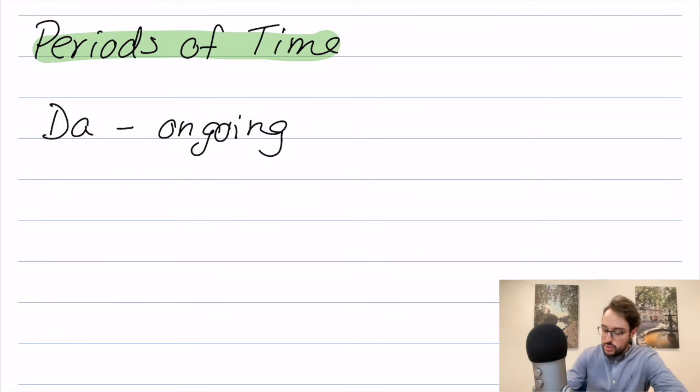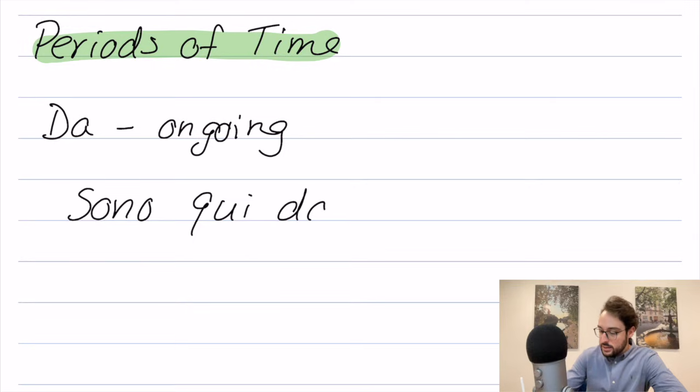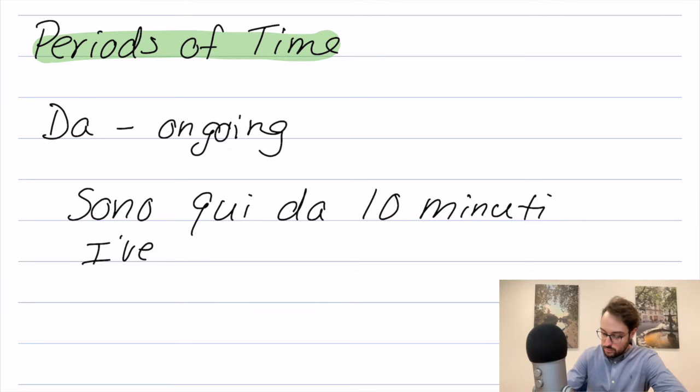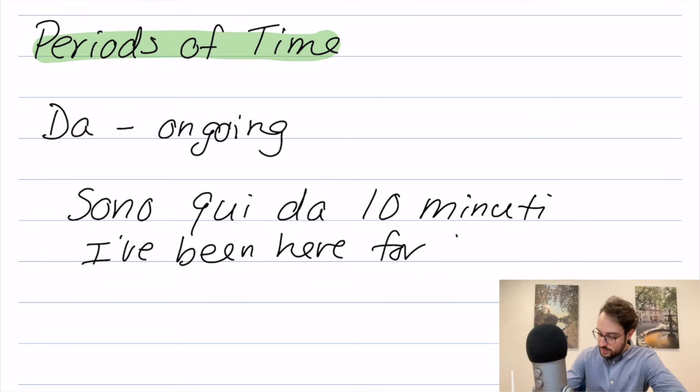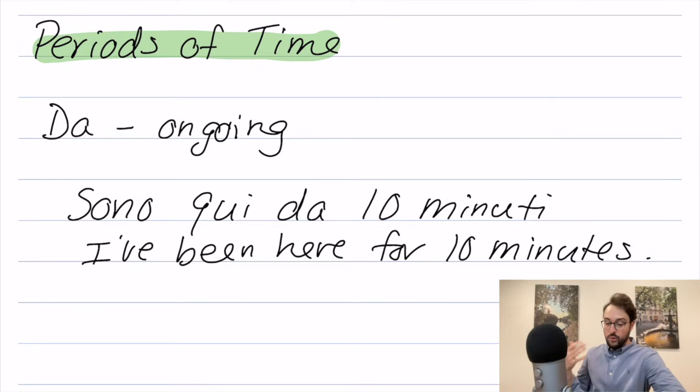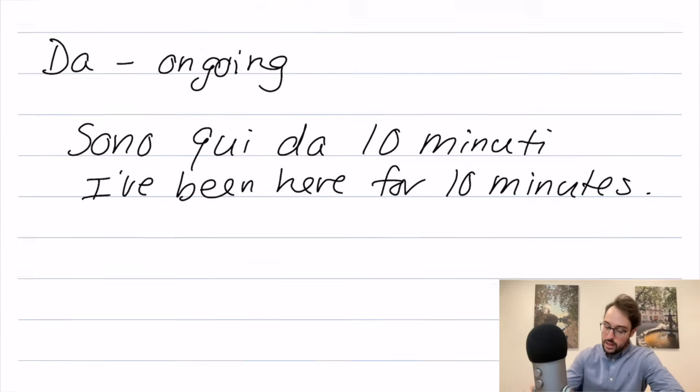So, sono qui da 10 minuti. This means I've been here for 10 minutes. And it has the meaning of for here, because it's something that's ongoing. I've been here for 10 minutes.